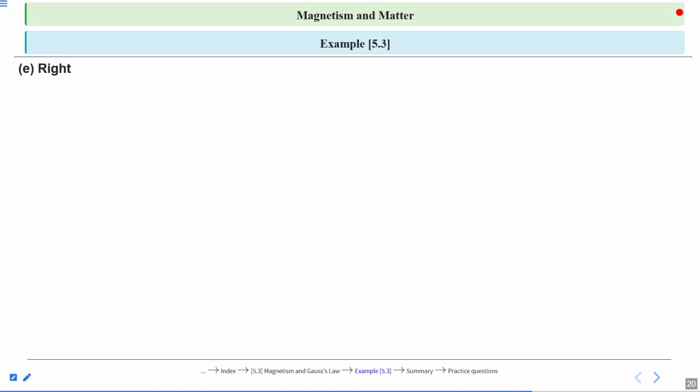So part E of this is correct. This is the pattern of magnetic field for a bar magnet, Figure 5.6 E. Is it correct? It is correct, because at the center of this bar magnet, the magnetic field lines are parallel to the axis, confined within and straight.